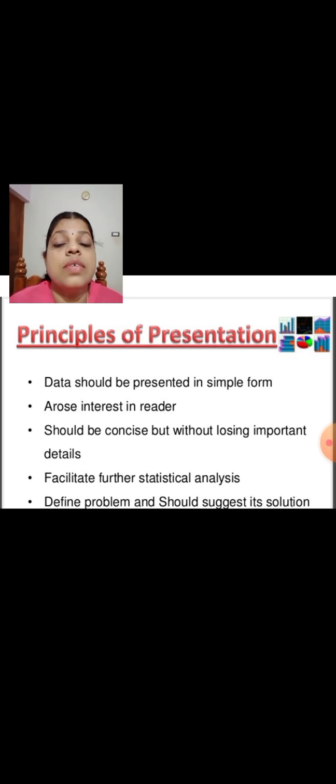We take into account different variables, and sometimes problems related to them also form some data. So the data should define its problem and also suggest its solution. So children, these are the different principles of presentation of data.